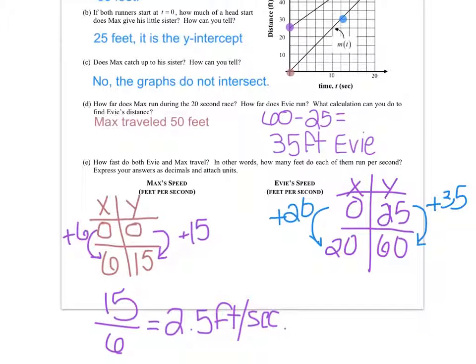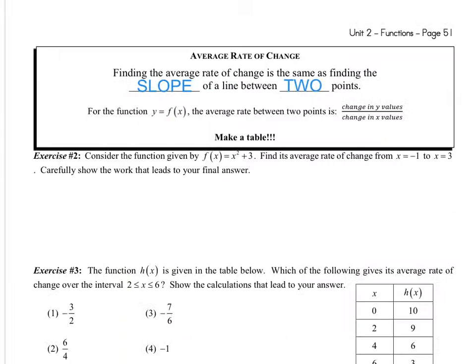So to write this, we're going to, you guessed it, take 35 feet, divide that by the 20 seconds, and we end up getting 1.75 feet per second. So basically that tells us that Max was being nice because clearly Evie cannot run as fast as he can.